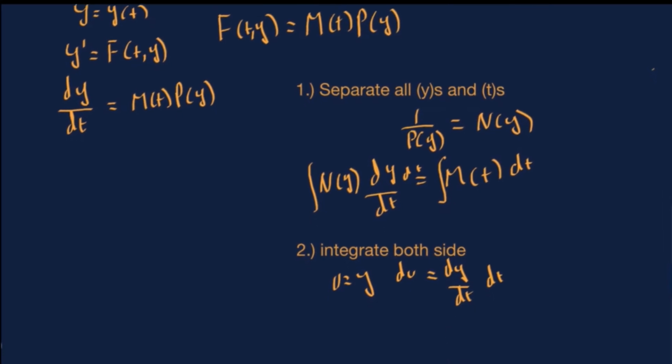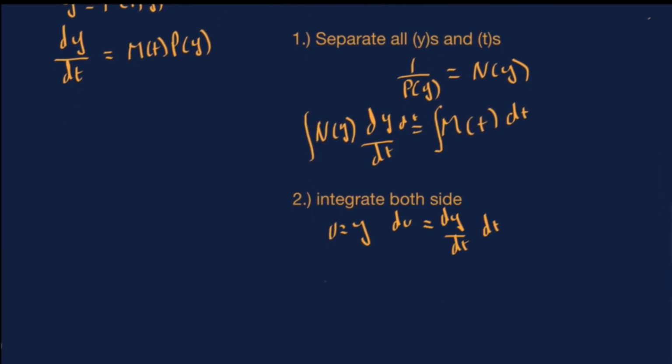And so now our integration is in terms of u on the left side, so it will be the integral of n of u du is equal to the integral of m of t dt. And so now if we can integrate both sides, then we can back substitute, and that will give us the solution for our equation. But instead of doing all of this, we can actually take a shortcut.